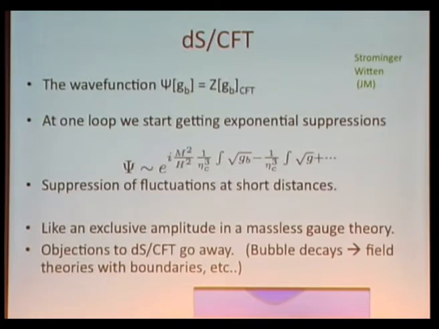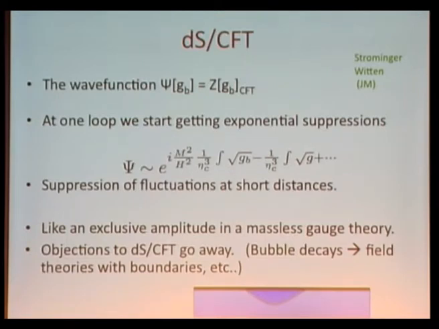Now, as a side comment, let me mention that this wave function is what should be identified with the partition function of a possible conformal field theory on the boundary. So if there was anything like a dS/CFT, the partition function of the CFT should be equal to this wave function. Now let me make a couple of comments about this.